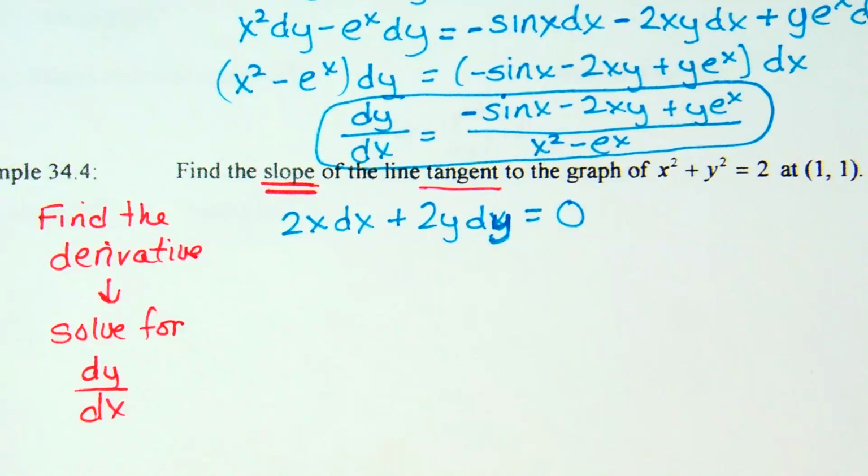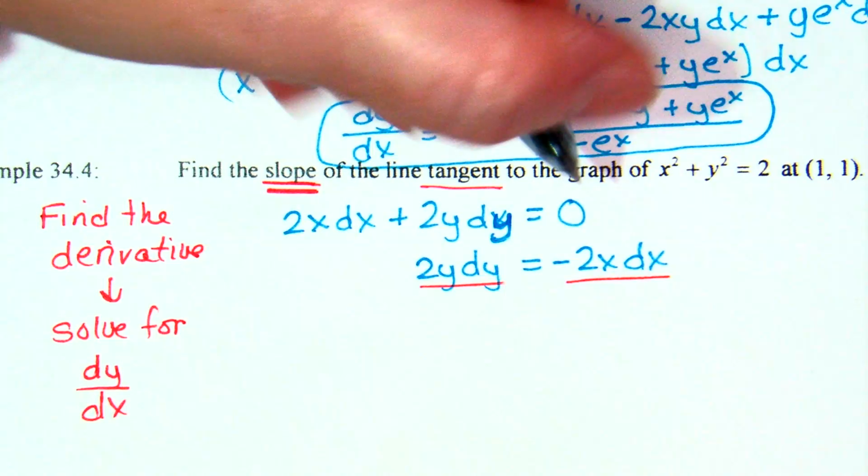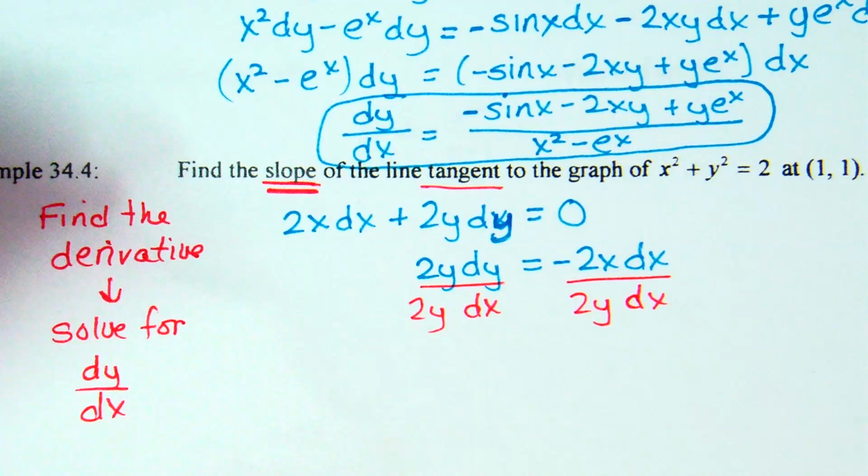We're trying to solve for dy/dx. I'm going to personally keep my dy term on the left. So 2y dy. I'm going to subtract my dx term over. So minus 2x dx. And then what do we need to do? Divide. If I'm trying to go for dy/dx, divide both sides by dx to get dy/dx. If I want to get dy/dx by itself, divide by 2y.